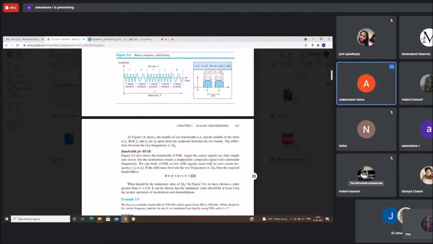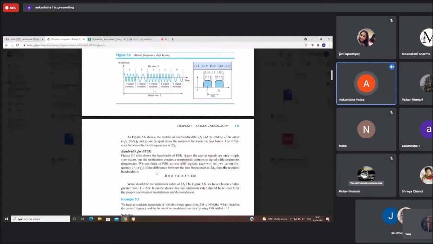What should be the minimum value of 2 delta F? In figure 5.6 we have chosen a value greater than 1 plus D into S. It can be shown that the minimum value should be at least S for proper operation of modulation and demodulation. So the inter-frequency region, the space between the two spectra, should be at least S.